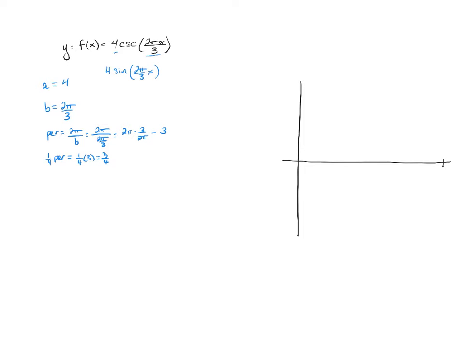I always like to figure out what a quarter of the period is going to be. So if we were going to graph this thing, I'd want to have my period established to be 3. So I'm going to go over here to the right side of my graph and put a 3 there. And then I come about halfway along here and split that distance in half by dividing by 2. I will split that distance in half by dividing by 2 again, making it 3/4.